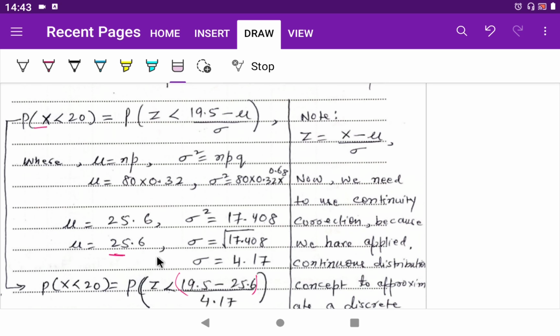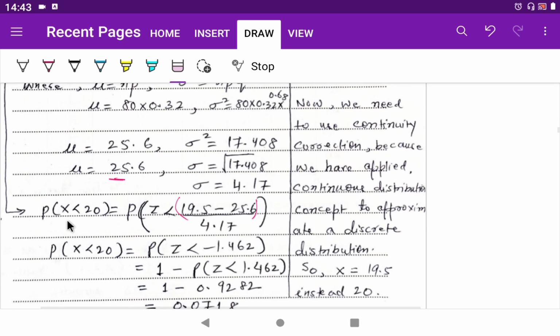Now we will substitute these values here. P x less than 20 is equal to P z less than (19.5 minus 25.6) upon 4.17, and after calculation we get z less than minus 1.462.